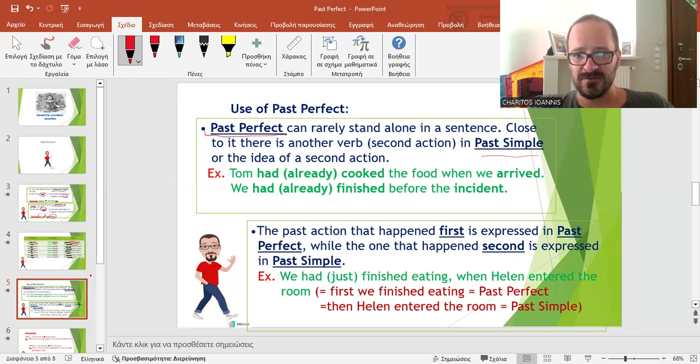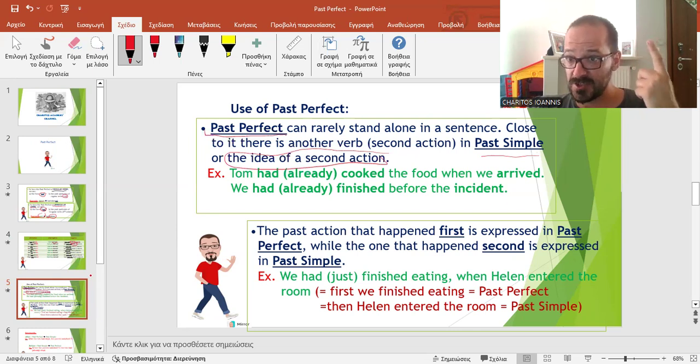If there is no second verb in past simple, pay attention to that, there is the idea of a second action. So if we analyze a bit this rule before we move forward to the examples, I want to say the following: to use past perfect, there must usually be two past actions.